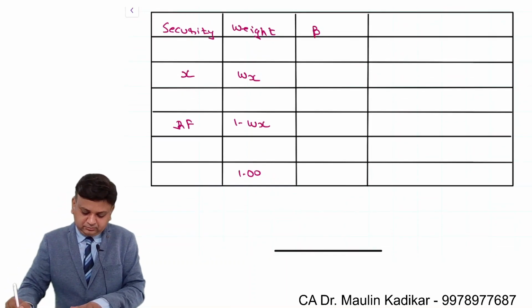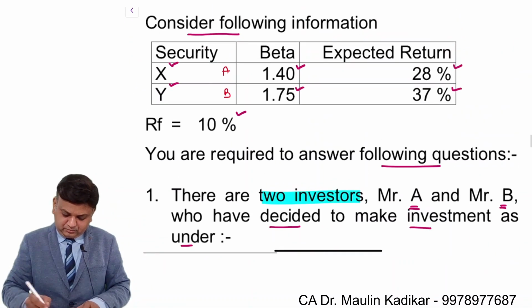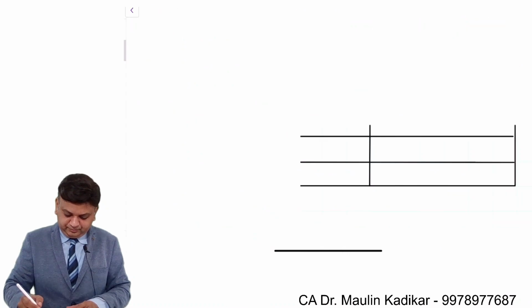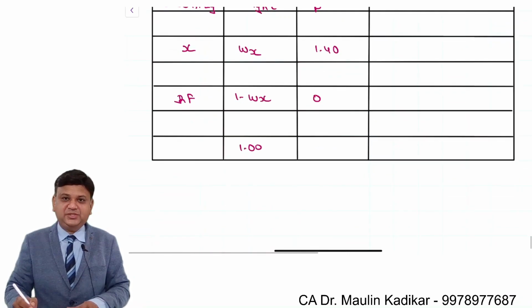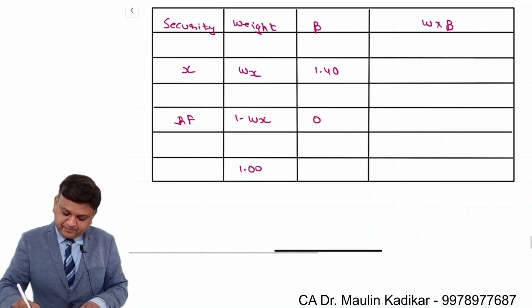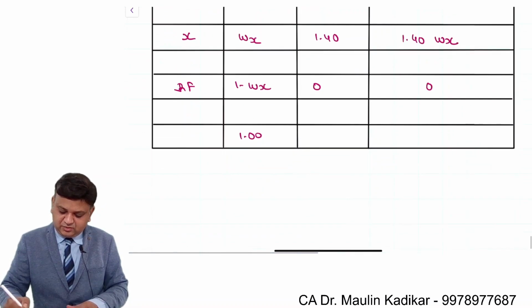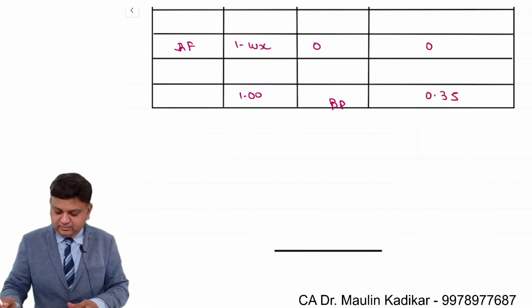Beta: for security X it is given as 1.40, and of course the beta of the risk-free security is 0. So weight into beta, 1.4 Wx, and this is 0. Beta of the portfolio should be 0.35.